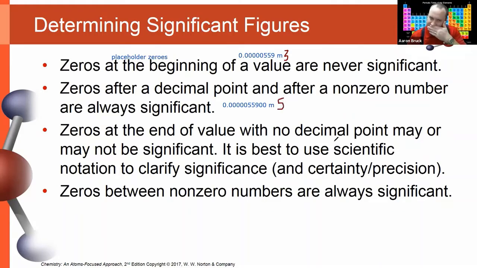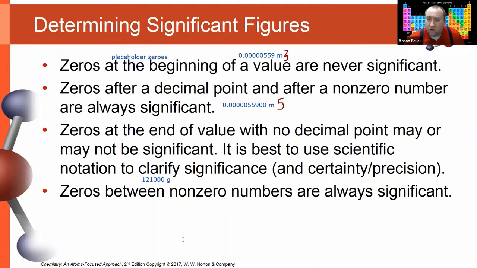But what if I don't have a decimal point? What if I have a number like this? 121,000 grams. Well, it's really difficult to know whether or not those zeros are significant.